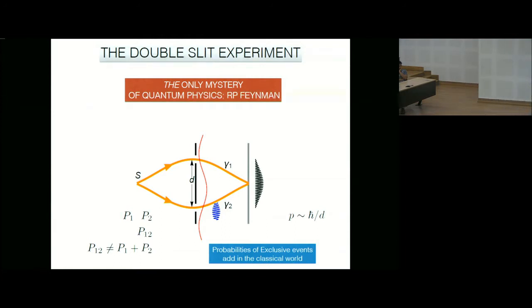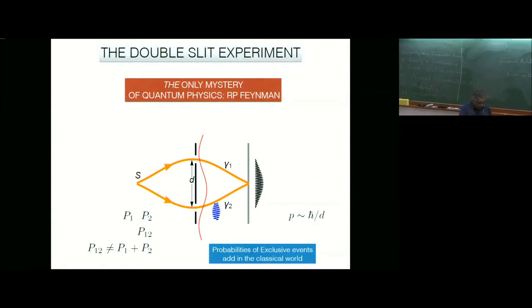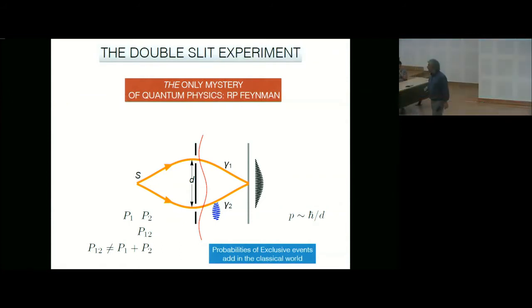What I'm going to propose is two variations on the two-slit experiment. First, consider the same experiment.